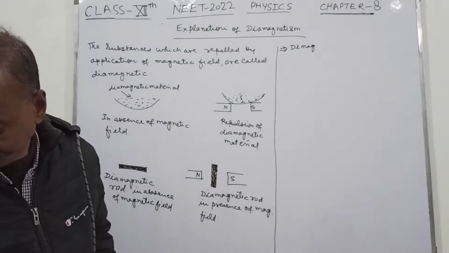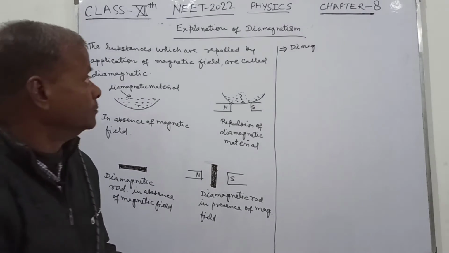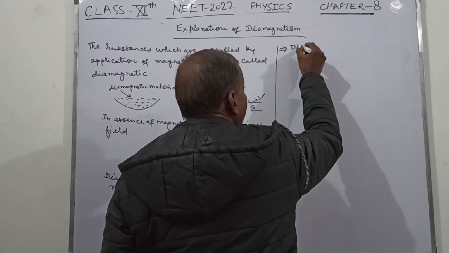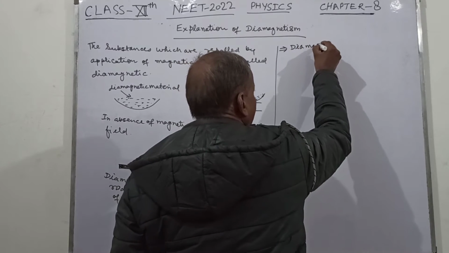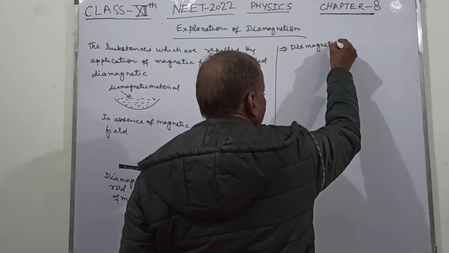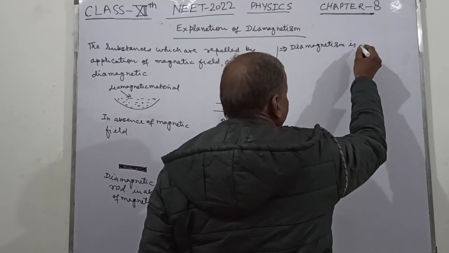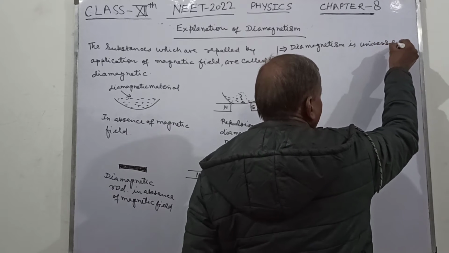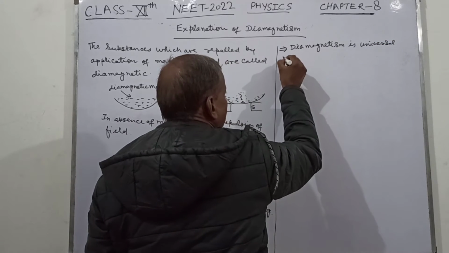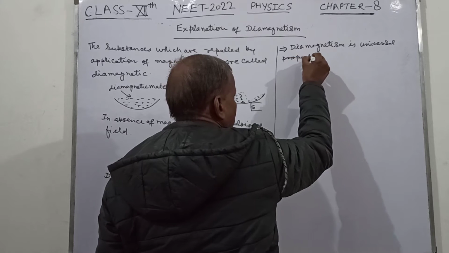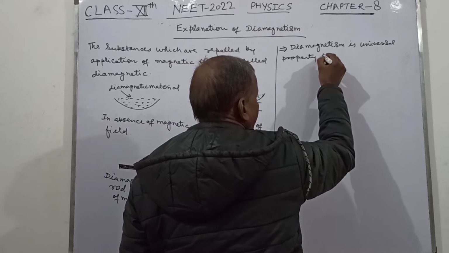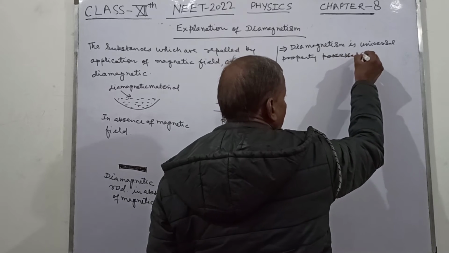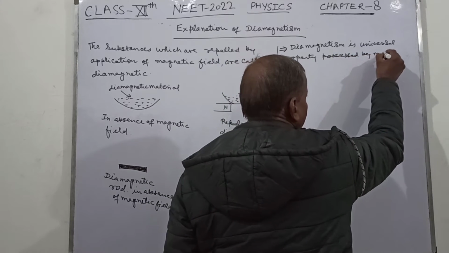Diamagnetism is a universal property possessed by matter.